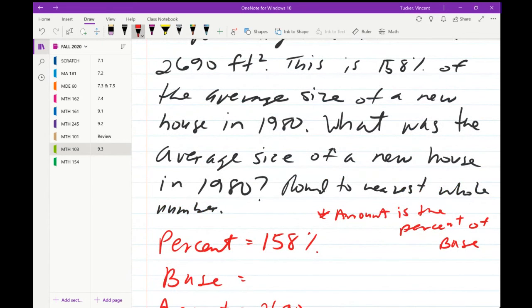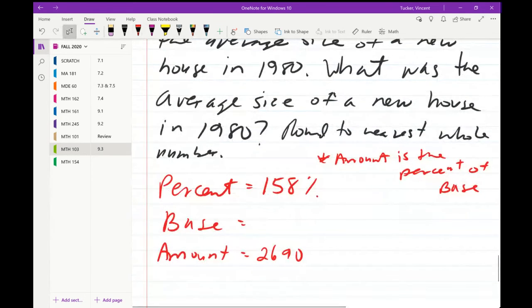So this is 158% of the average size of a new house. And then it asks, what is the average size of a new house in 1980? So that is your base. That's going to be our X. Your amount is the percent of the base. And that word "of" is key in mathematics because it represents multiplication.